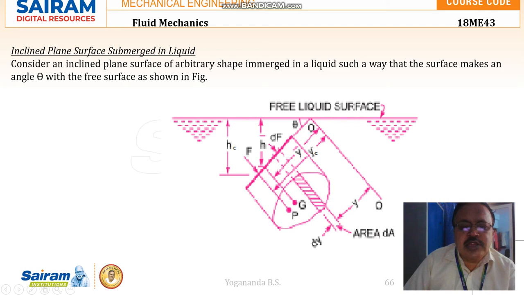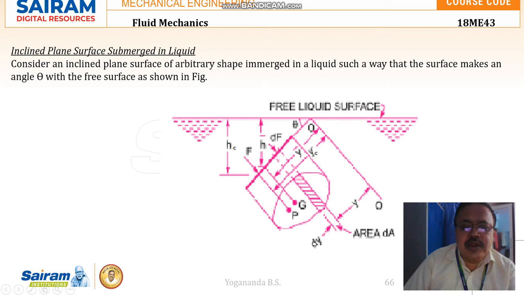Sin theta is the opposite side, that is h here, and the same distance on the plane is nothing but y. That means the elementary area is at a distance of y from this axis OO.